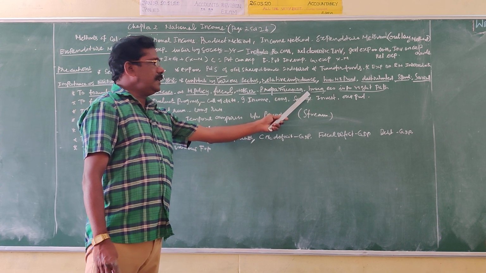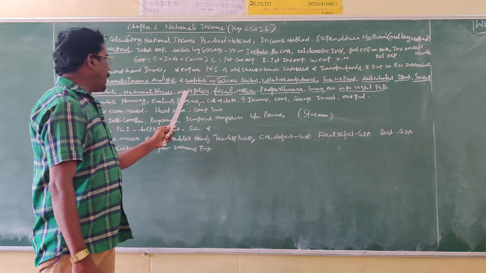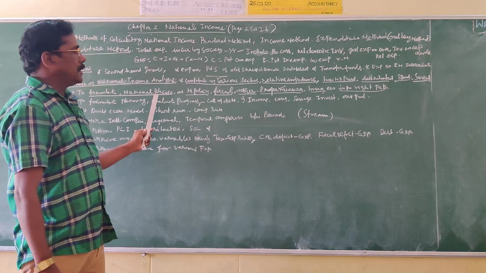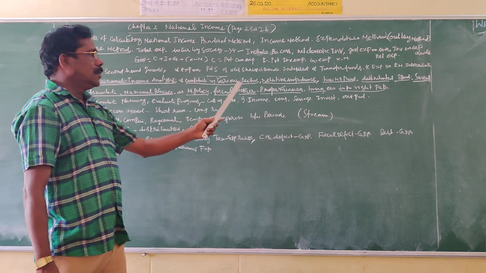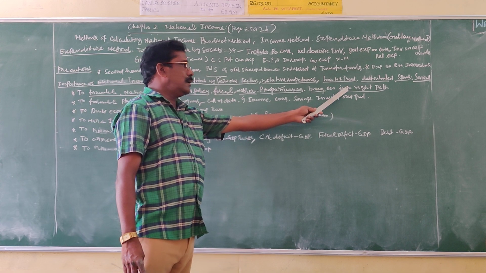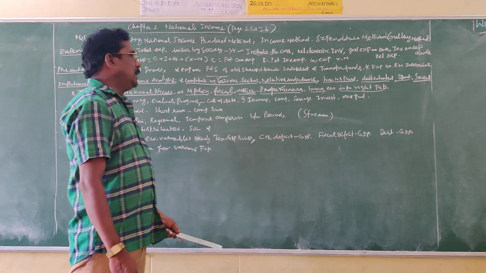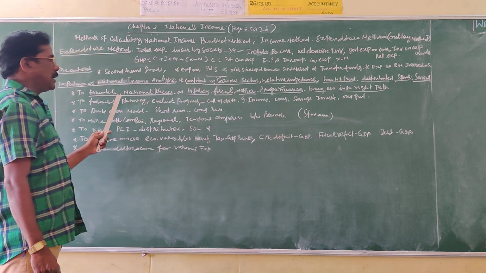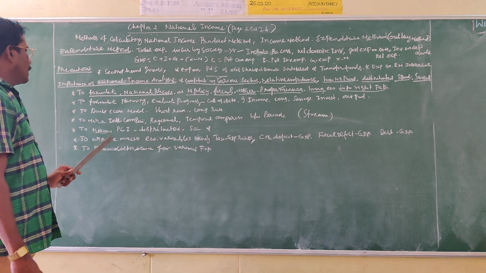If there are any deviations from the planning or policies, it is important for the government to bring the economy into the right path. For that, the national income analysis is very important.